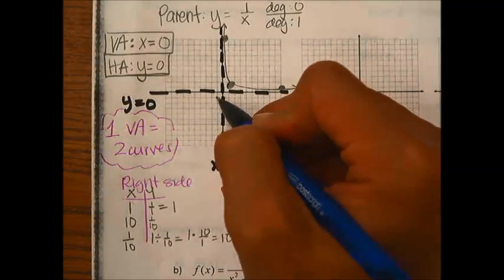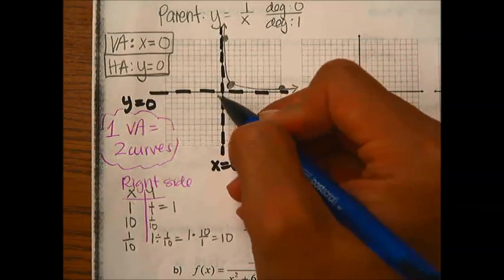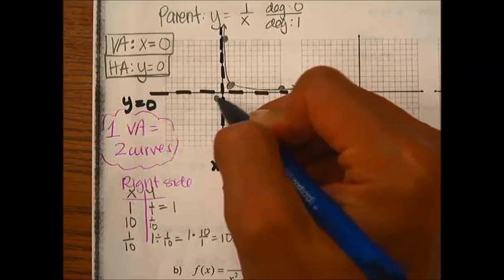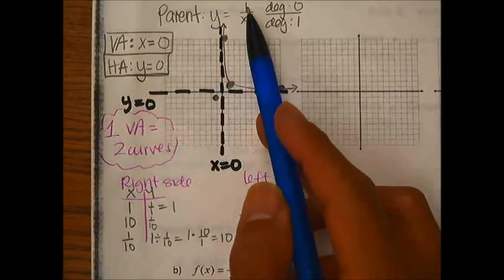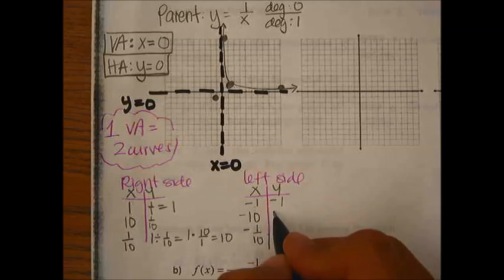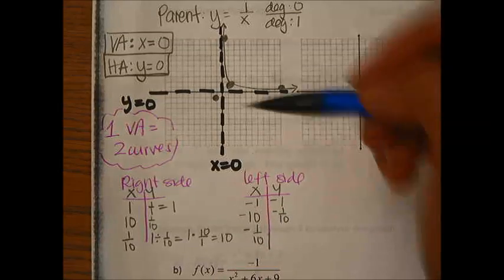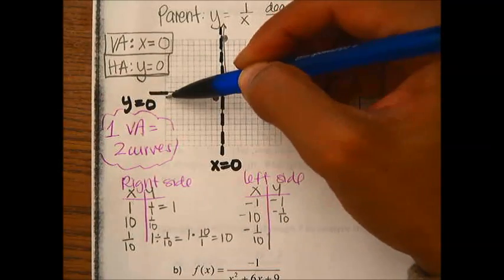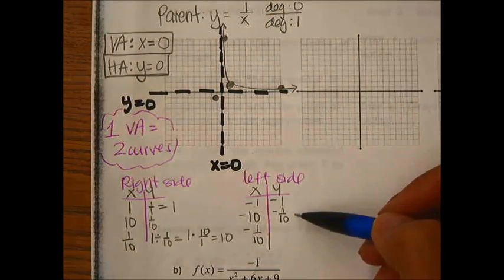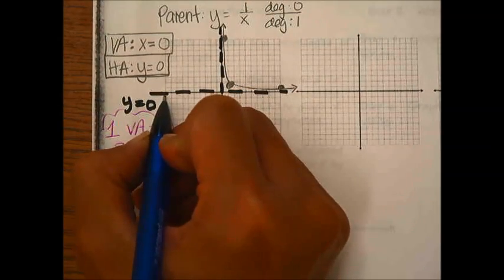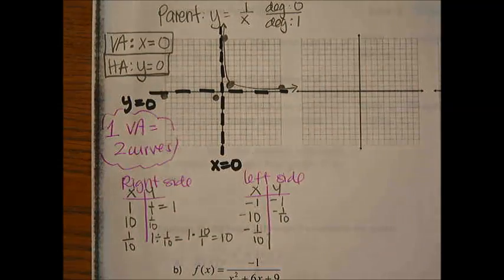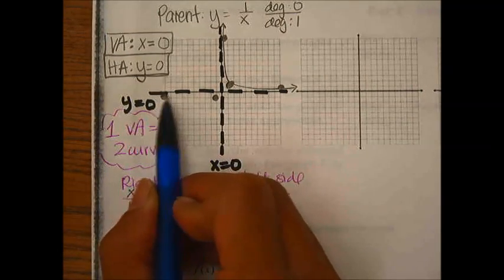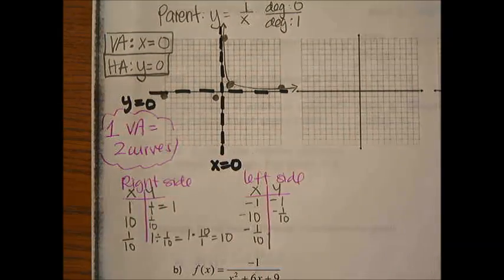Plot that: negative 1, negative 1. Then we have 1 divided by negative 10, which is negative 1 over 10. So when I have negative 10, I'm down here very close to 0, because negative 1/10 is super small. Try to make a dot. I know it's really difficult to make a dot that's not touching the asymptote, but try your best.